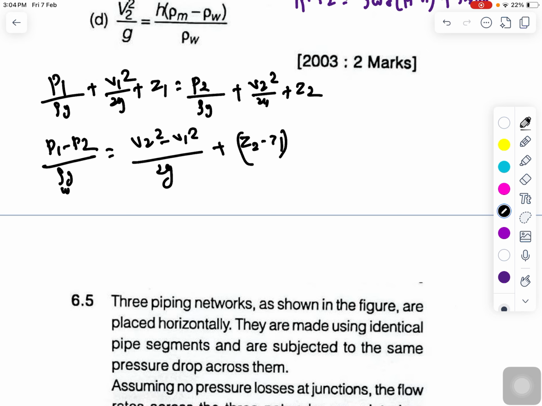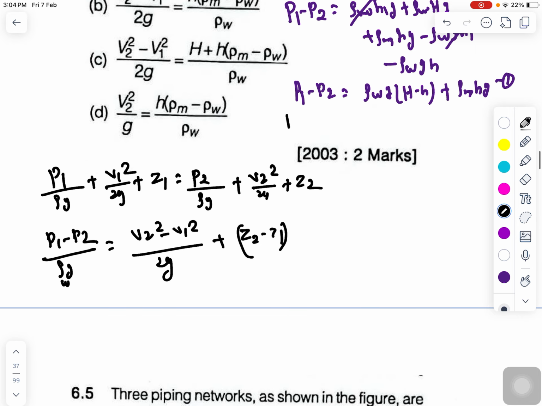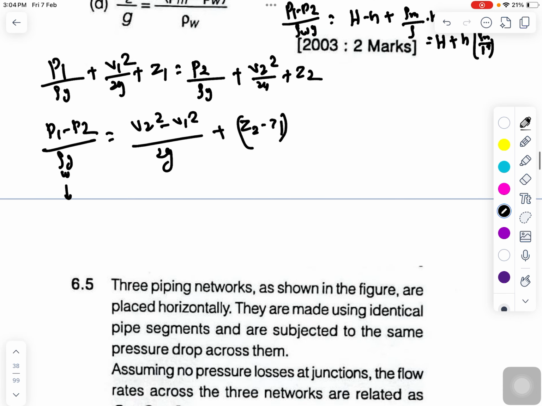Is that clear? So now I can write P1 minus P2 divided by rho W g as (capital H minus H) plus rho M by rho into h, right? If I take common, I can write H plus h into (rho M by rho minus 1).